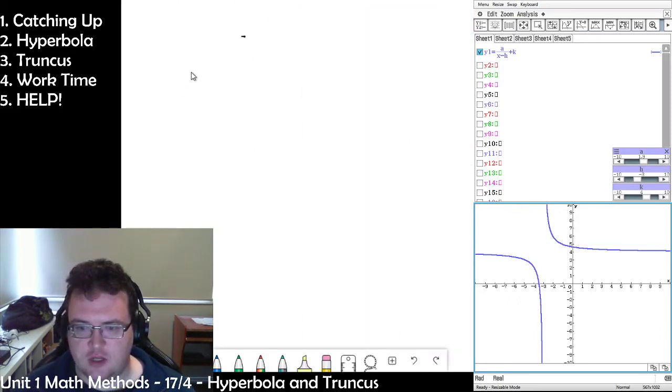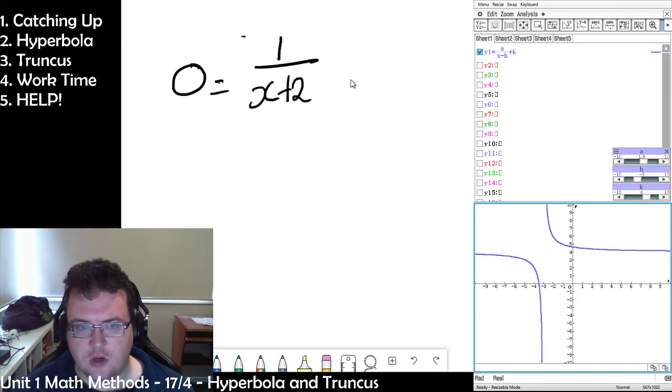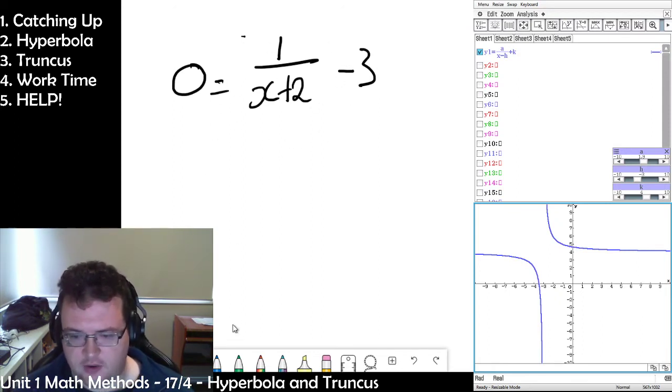So for example, 0 equals 1 over x plus 2 minus 3. What are our intercepts for this graph going to be?